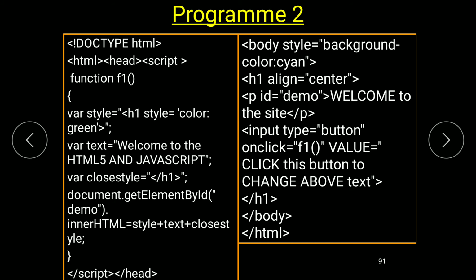And next very important part is document is nothing but the object, dot getElementById is nothing but the method, which demo is nothing but the id of the paragraph, and innerHTML is nothing but the property.